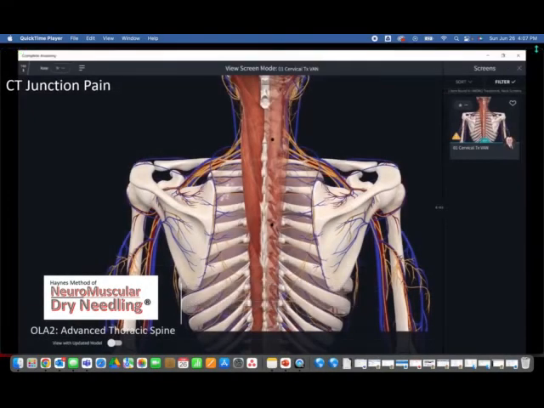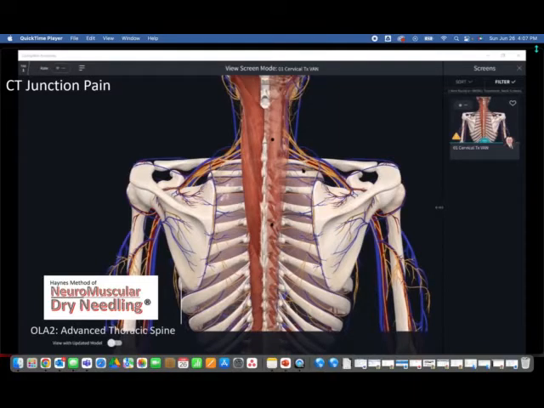For the cervicothoracic junction, patient position here will be prone. Target structures will be the cervical and thoracic erector spinae group, as well as the scapulothoracic musculature. Electrical stimulation, again, 20 minutes from a burst frequency of 3 up to 75 to 100 hertz.